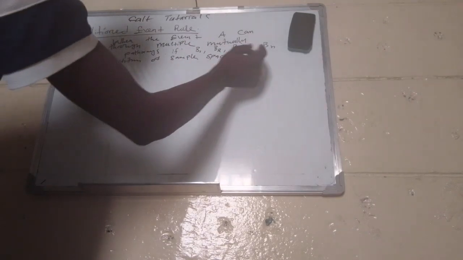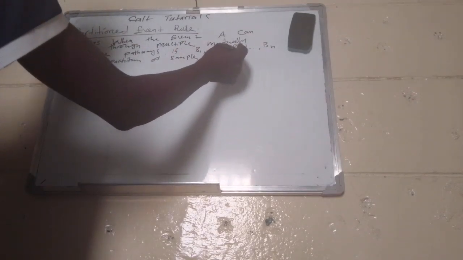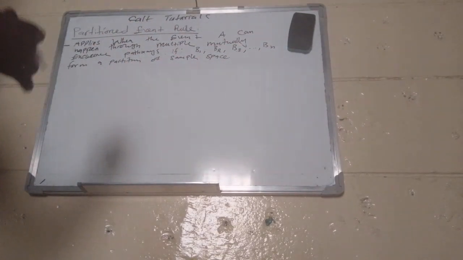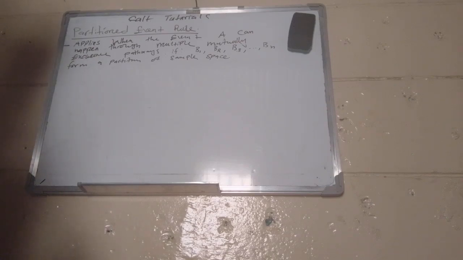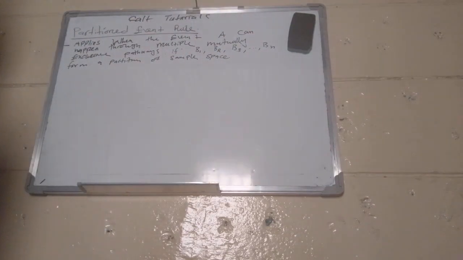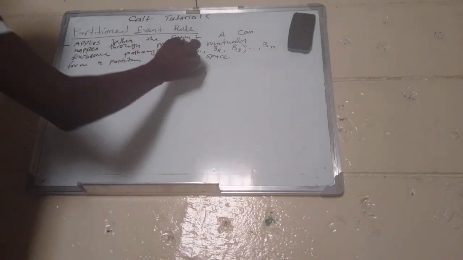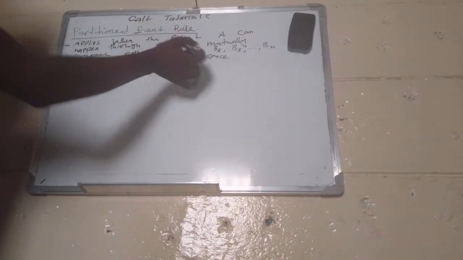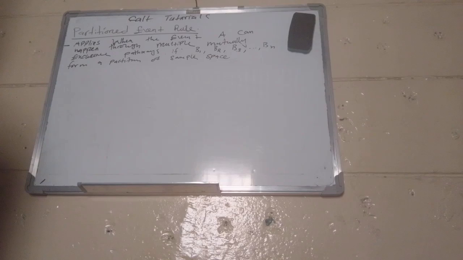We're talking about these pathways, B1, B2, B3, up to Bn, which are partitions of the sample space. So event A is happening through the partitions which you've made from the sample space.